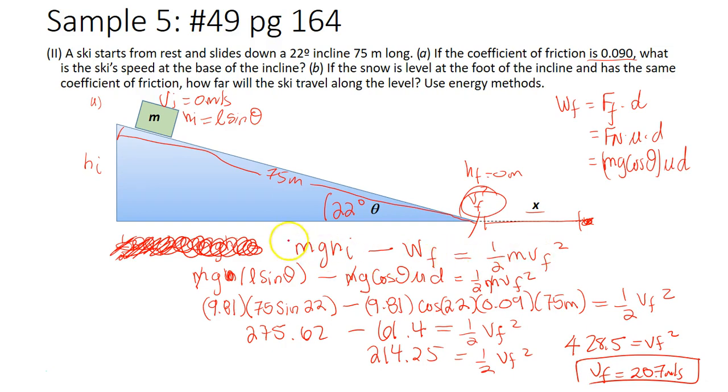So if you notice I started with this, you actually could have honestly written it similar to the way I wrote it before. You can rewrite this as mgh is equal to, if I move this over, it becomes positive. So you could have done it as a positive value here. This is also okay.